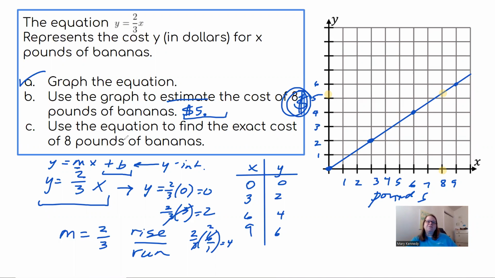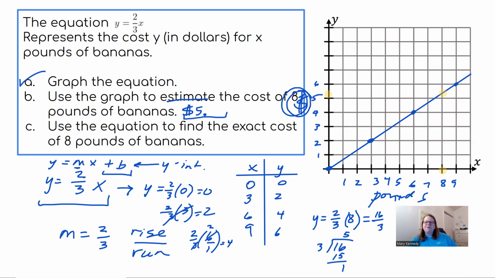And then use the equation to find the exact cost of 8 pounds. Okay, so the equation is y equals 2/3 x, and we're saying x is 8 pounds. So we multiply a fraction, 2 times 8 is 16, divided by 3. This doesn't reduce, so let's divide 16 divided by 3. $5, there's the 5, right?